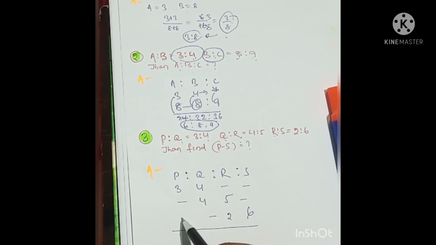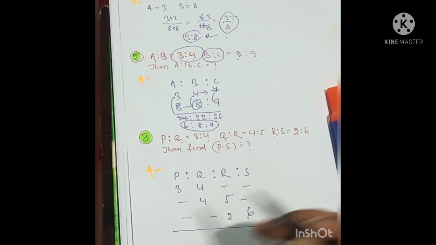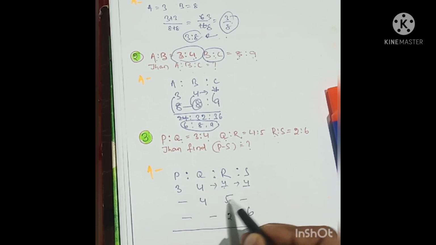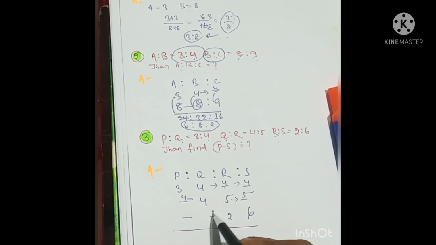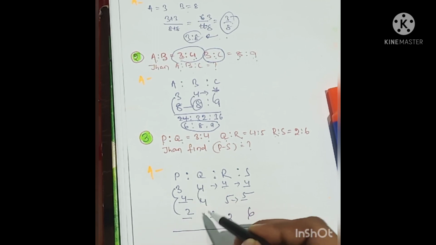I have already said you have to put numbers in the vacant seats from the previous or before. So here 4, 4. Then you can put here 5, and here 4, and here 2, 2. Then simply multiply these numbers.